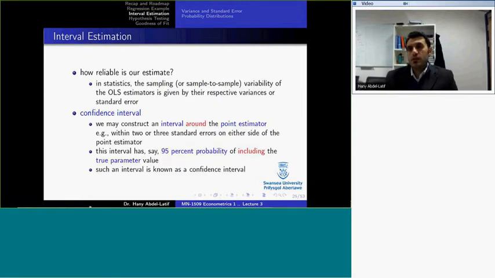In statistics, the sampling variability, or the change in the value from sample to sample, for the OLS is given by the variances and the standard error. So the idea here is, let's say this 0.7 is the estimation for beta 1.